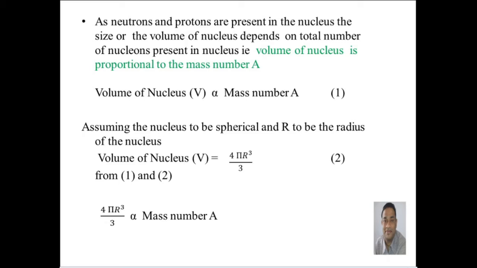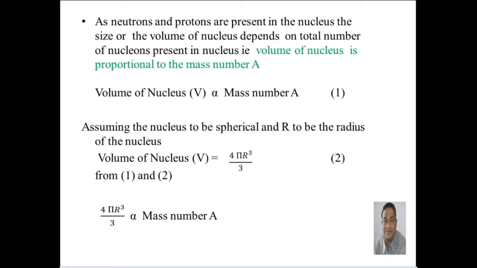So the total number of nucleons present in the nucleus determines the size or the volume of the nucleus. And the total number of nucleons is nothing but the mass number A. So we can conclude that the volume of a nucleus is directly proportional to the mass number A, which is given by equation number 1.